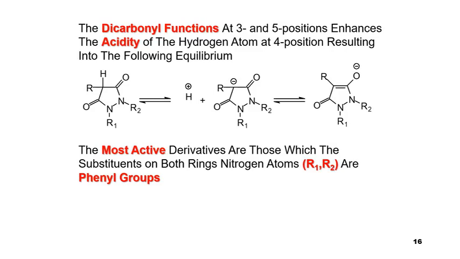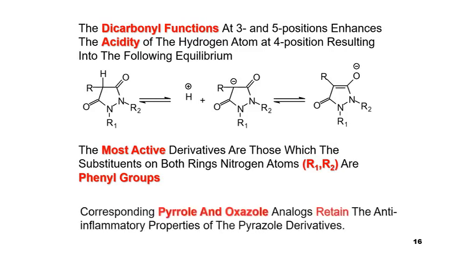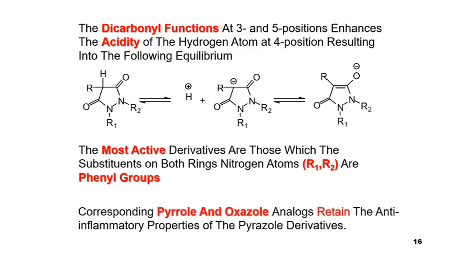R1 and R2 are two aromatic functions that enhance the stabilization by resonance and enhance the stability of the formed anion. This way, the pKa of this structure is typically acidic due to the presence of these two aryl functions. The pyrrolo or oxazolo derivatives, they retain anti-inflammatory properties as the pyrazoles.